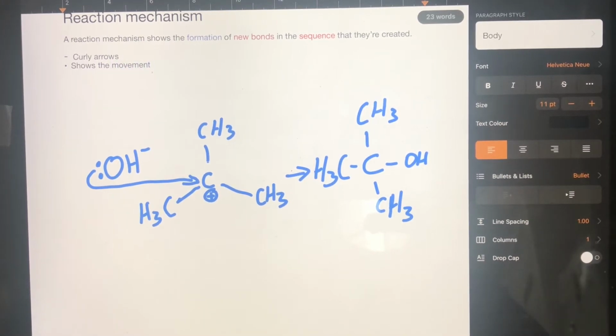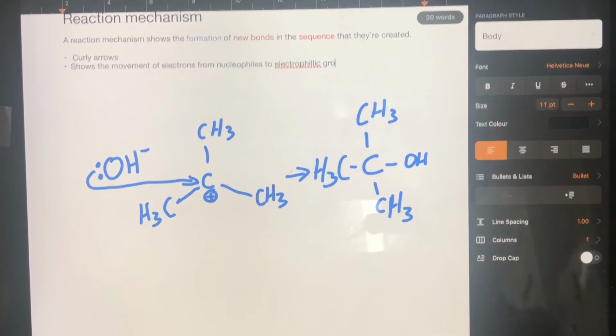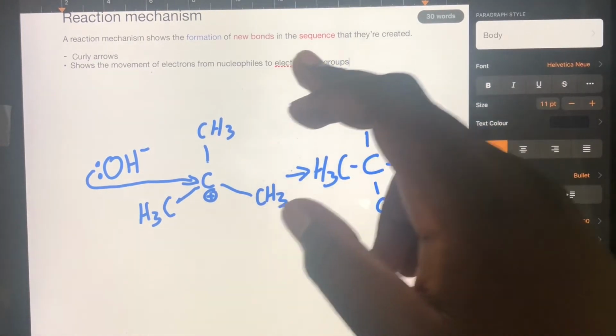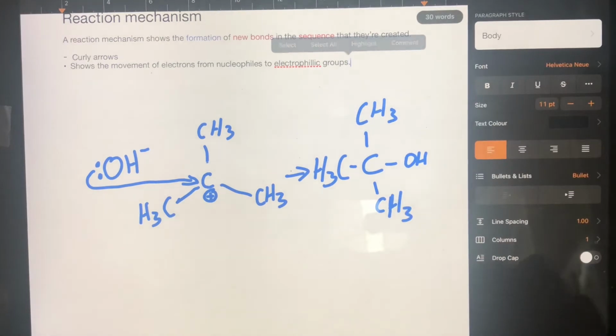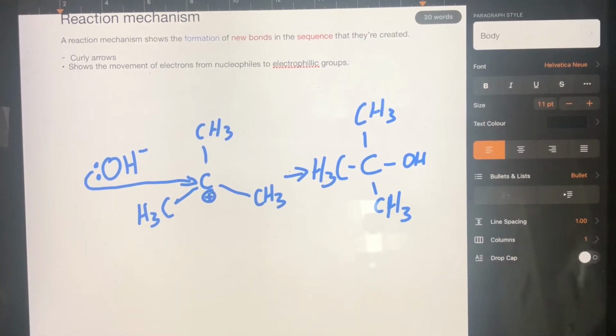The curly arrows show the movement of electrons from nucleophiles to electrophiles, or electrophilic groups. Always from negative to positive, not the other way around. That's how it's meant to be done.